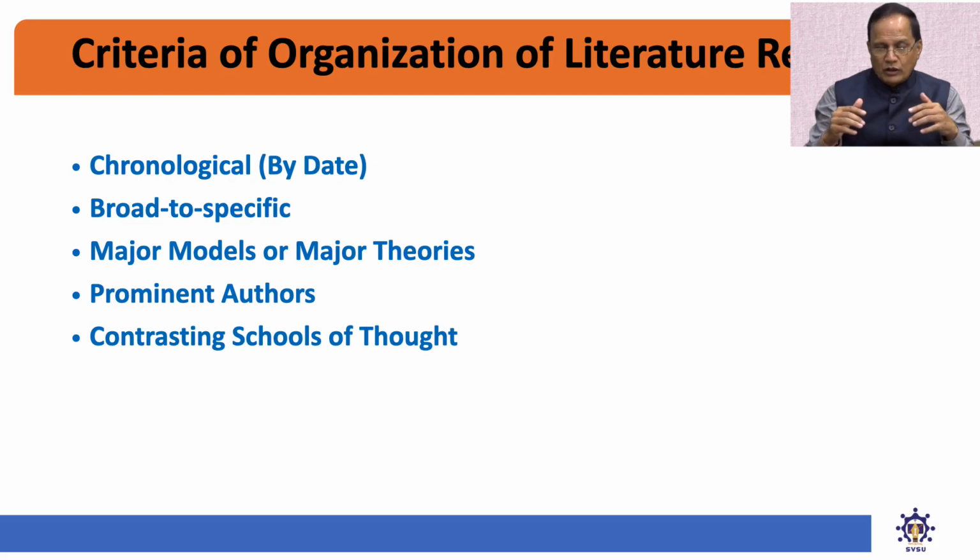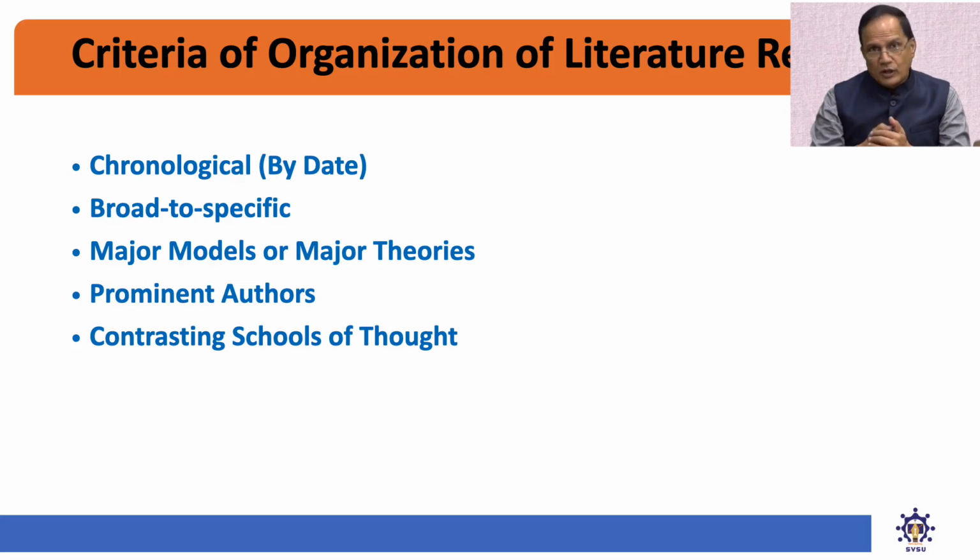Suppose there are a number of theories, models, and a lot of researches have already been conducted in the field, then in that case we can go from major models to minor theories, or again depending upon the significance, if some of the minor theories are very significant, then we can go from minor theories to the major models.